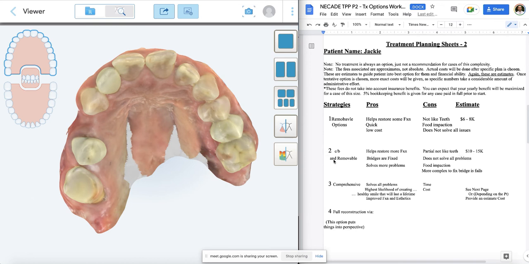So you could call this a removable option or an advanced removable option. Obviously, that comes with more expense. Back in the 80s and before, they called this periopros, or combination cases, where removable was part of the solution and often viewed as a very nice way of solving patients' problems.